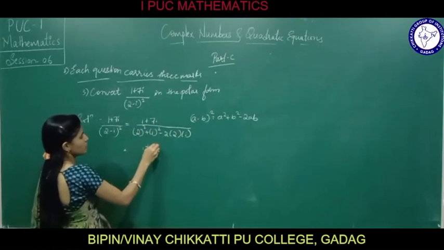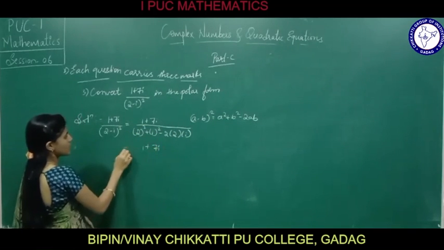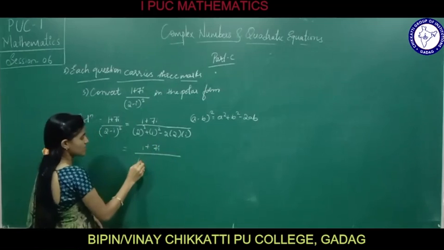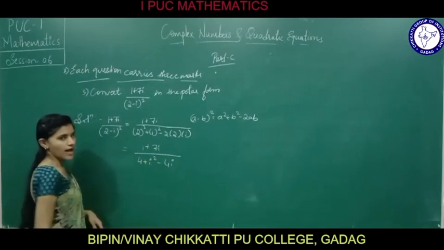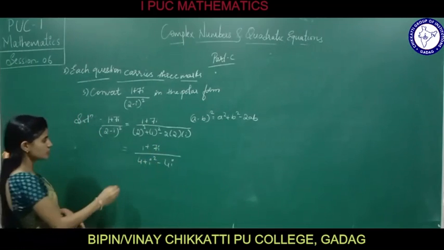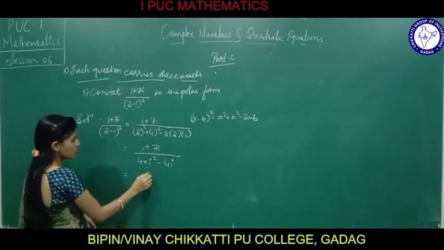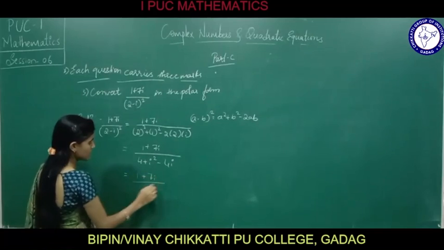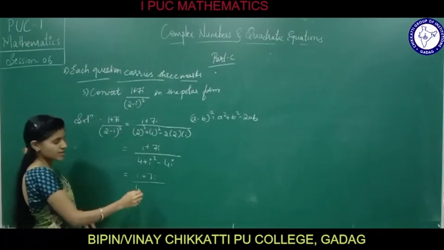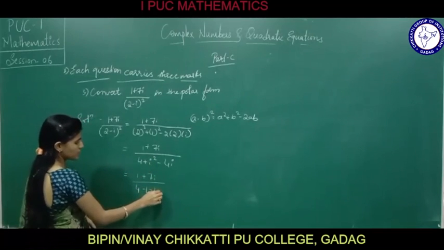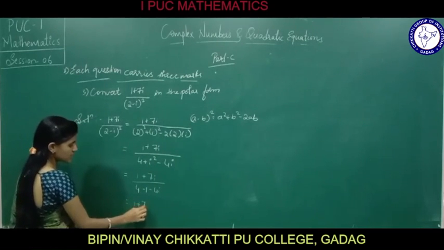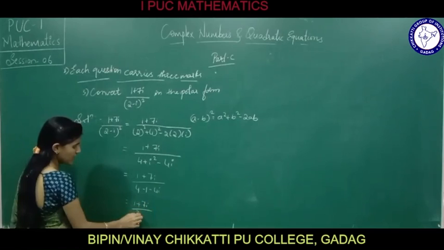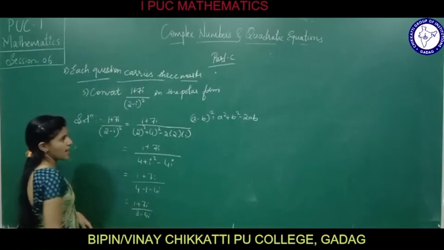Nothing but 1 plus 7i divided by 4 plus i square minus 4i. Then i square is minus 1, so I got 1 plus 7i divided by 3 minus 4i.